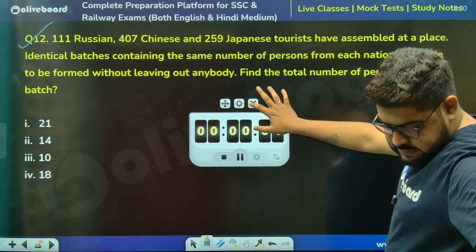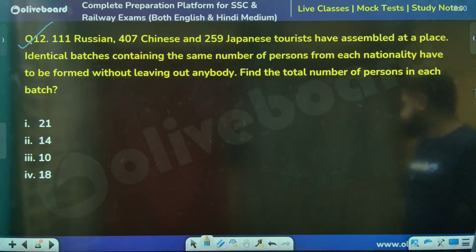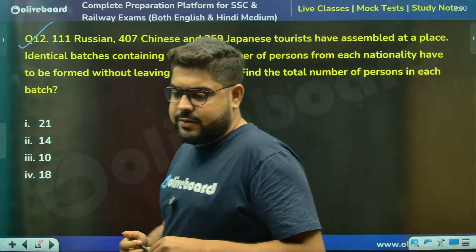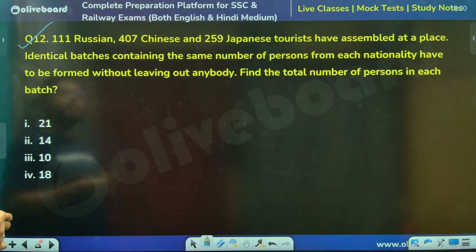21. Arghamita, Ashish, all are saying 21. 21 तो नहीं दिख रहा है भाई. Are you guys sure?